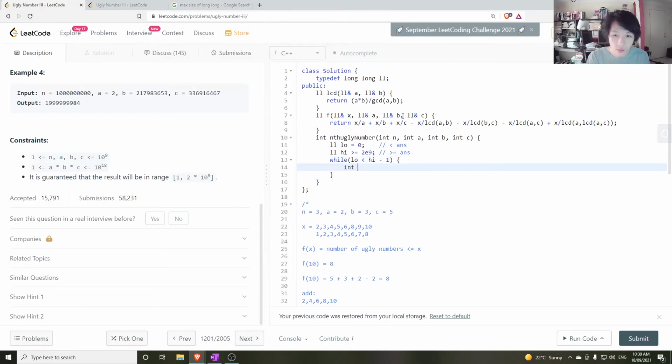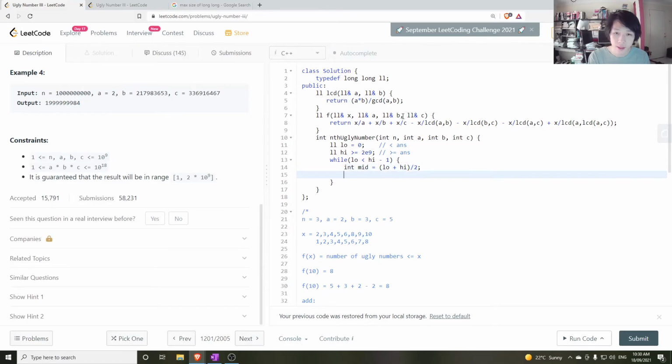So in binary search we would find the mid, which is equal to low plus high divided by 2. Make sure we use LLs. And we say if f of the mid value is, let's say, for example, less than the answer, then we know we want to make low equal to mid, because that fits this invariant here.